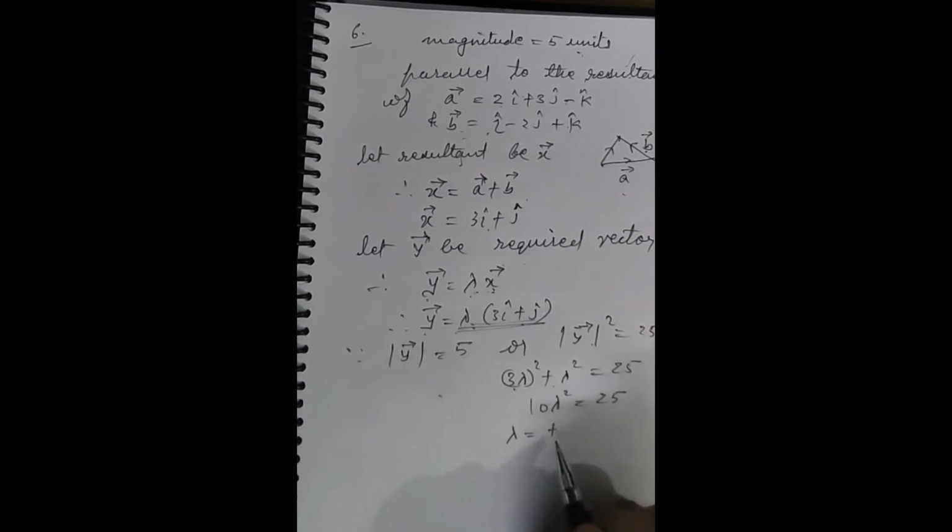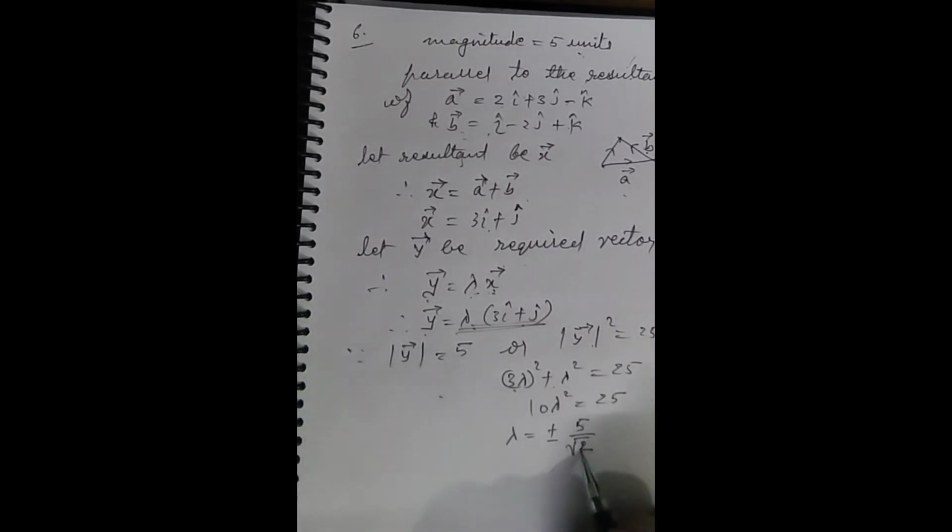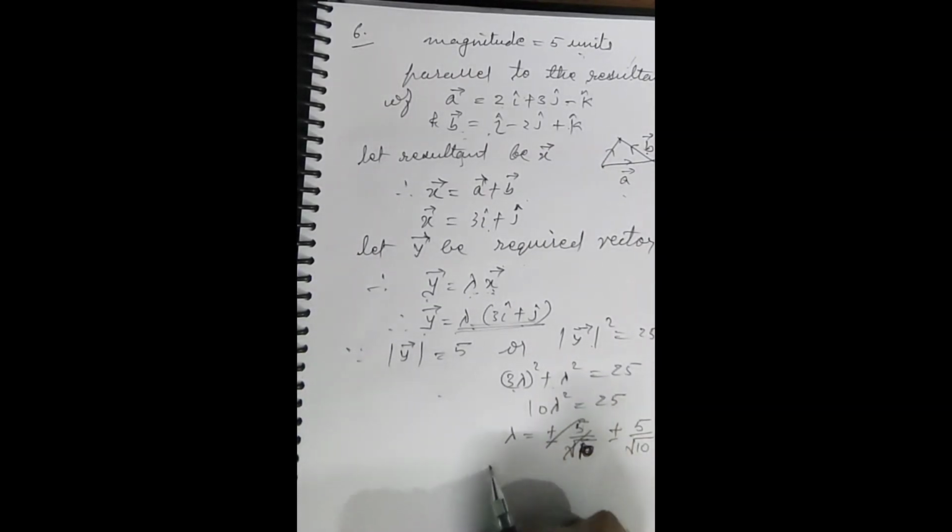So lambda is equal to plus minus 5 upon root 10, or by rationalization we will get 5 upon 10 into root 10, equal to root 10 by 2. Taking plus minus both, therefore the required vector y can be written as plus minus root 10 by 2 times 3i plus j.